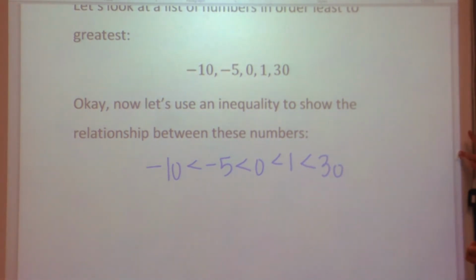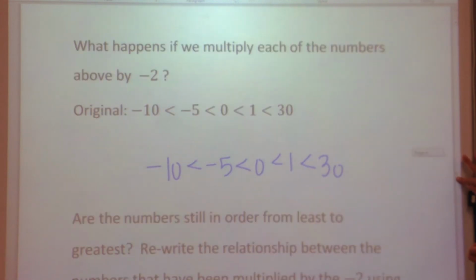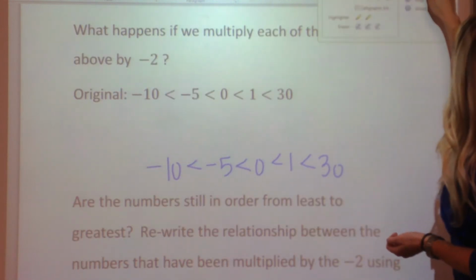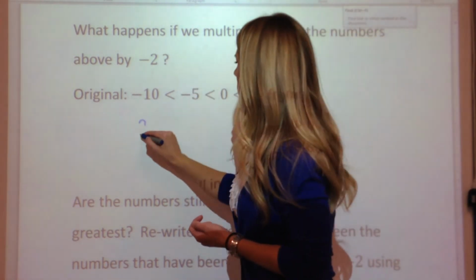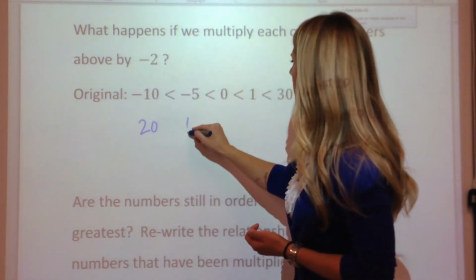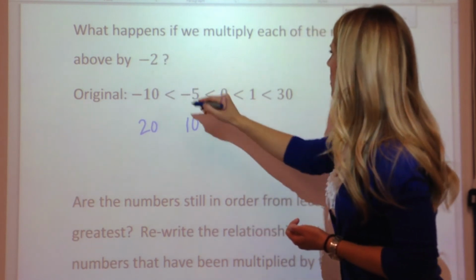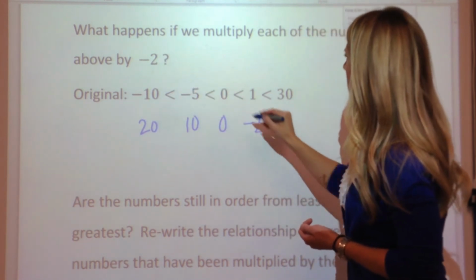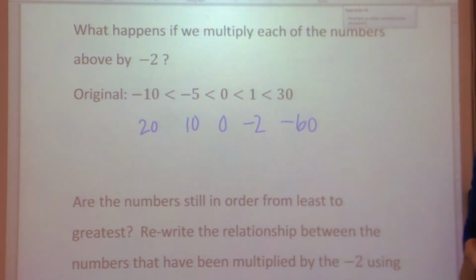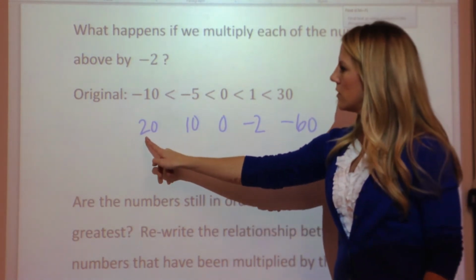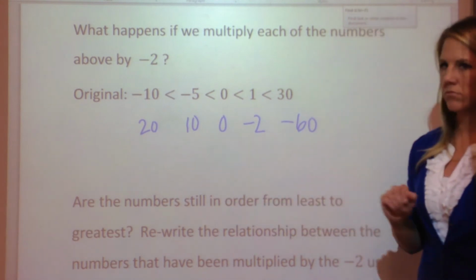Now, what happens if we multiply each of these numbers by -2? Well, we get 20. -2 times -5 is 10. -2 times 0, -2 times 1, and -2 times 30. What happened to those values? Is this still in order from least to greatest?